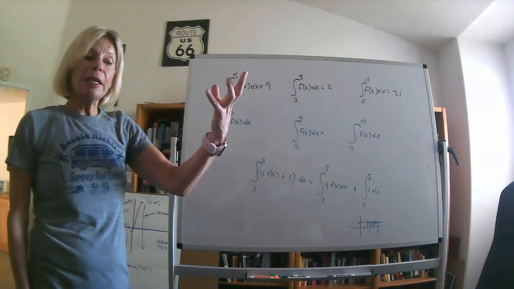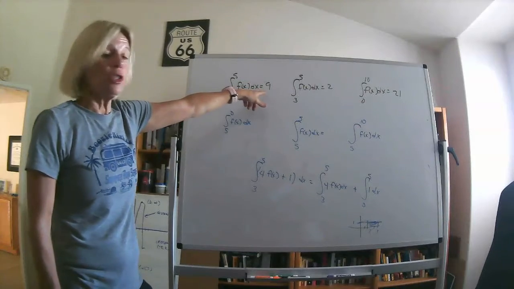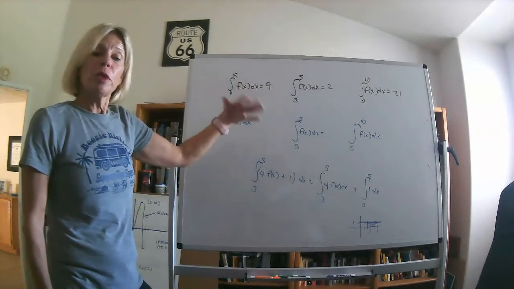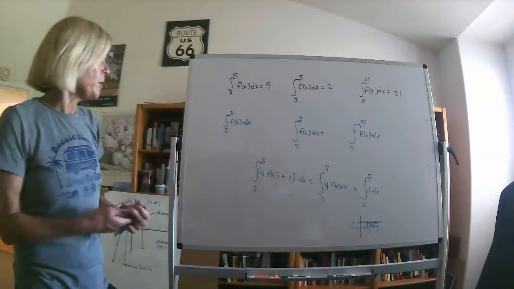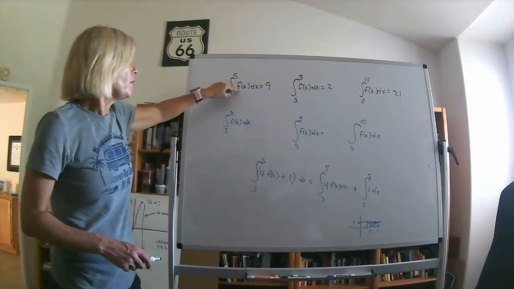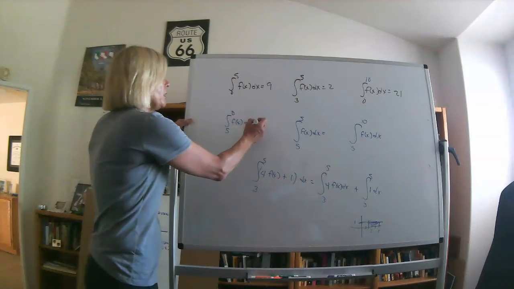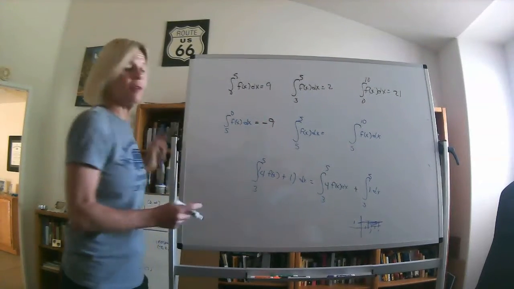So all that does is changes the sign of what my original integral was. When we do the fundamental theorem, we'll see what happens as we subtract in the opposite order. So if the integral from 0 to 5 of f of x dx is 9, the integral from 5 to 0 is going to be negative 9.